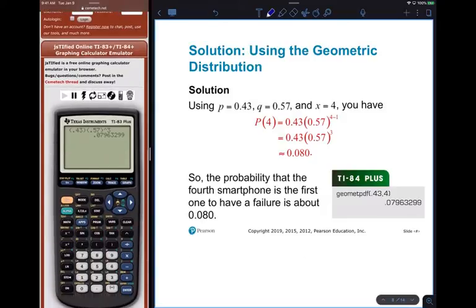So if we go to distributions over here, and then we want geometric, there it is, D. So this one. 43% on the 4th go, and you see the answer there. Give me just a moment.